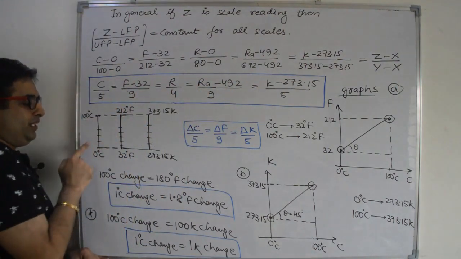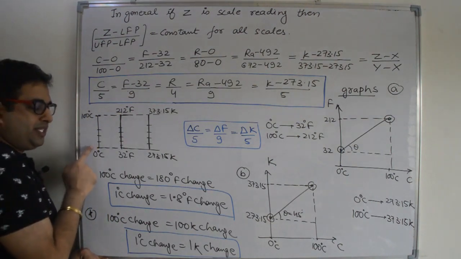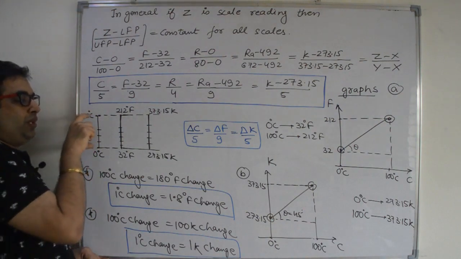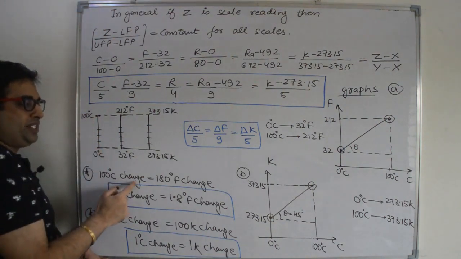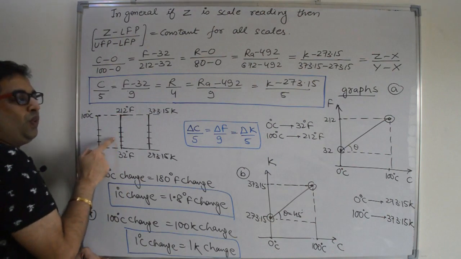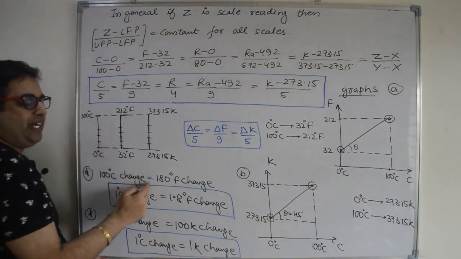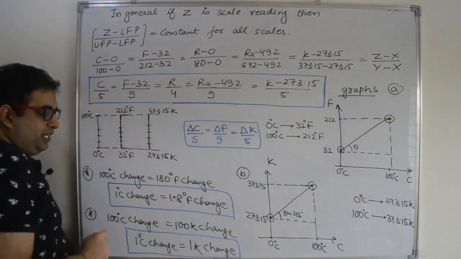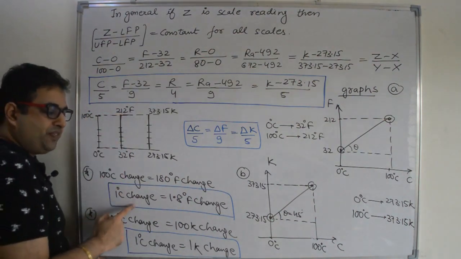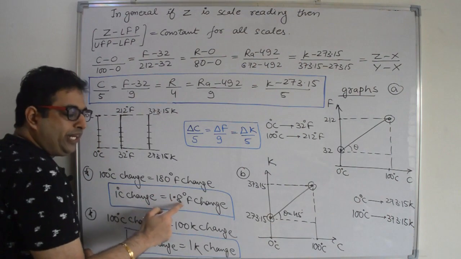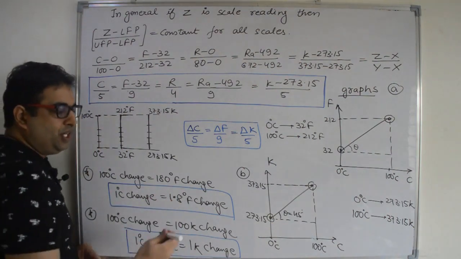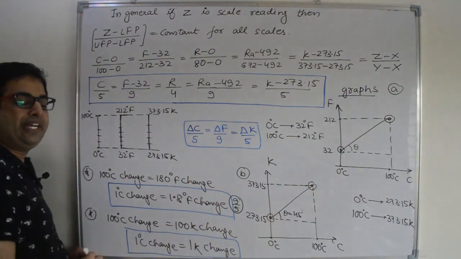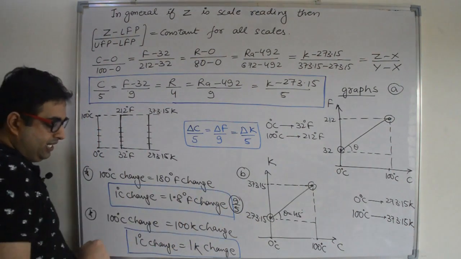Now we know that the lower fixed point for the Celsius scale is 0 and the upper fixed point is 100. So a 100 degree Celsius change is equal to a 180 degree Fahrenheit change. So this change is equal to this change. So a 1 degree Celsius change will be equal to a 1.8 degree Fahrenheit change, or you can say 9 by 5 degree Fahrenheit change, right?